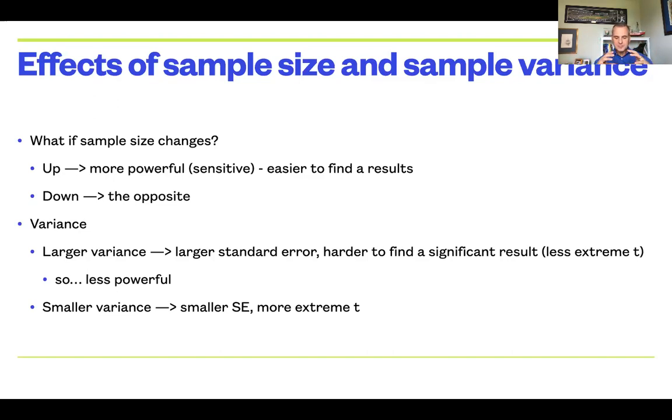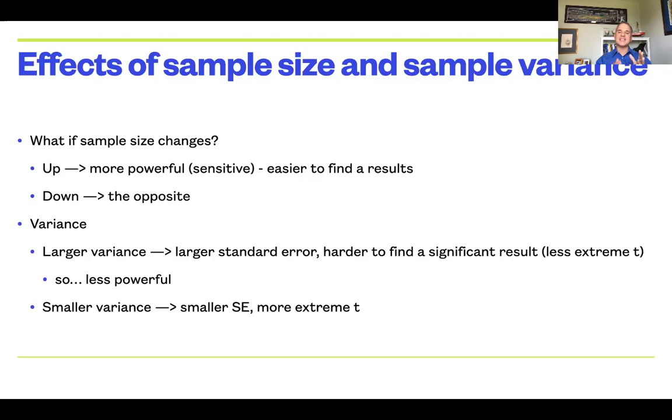So the standard error actually gets smaller as we have a larger sample size, even if the standard deviation of the sample doesn't change. And then, because the denominator of our t calculation is getting smaller, t itself gets larger given the same difference between these two sample means.